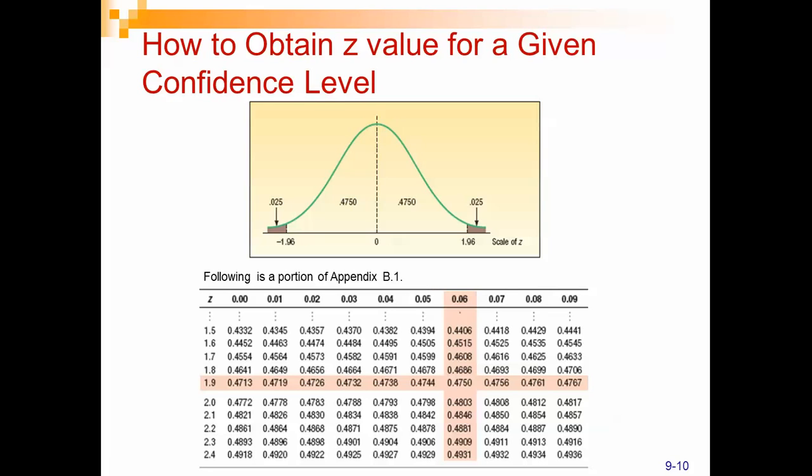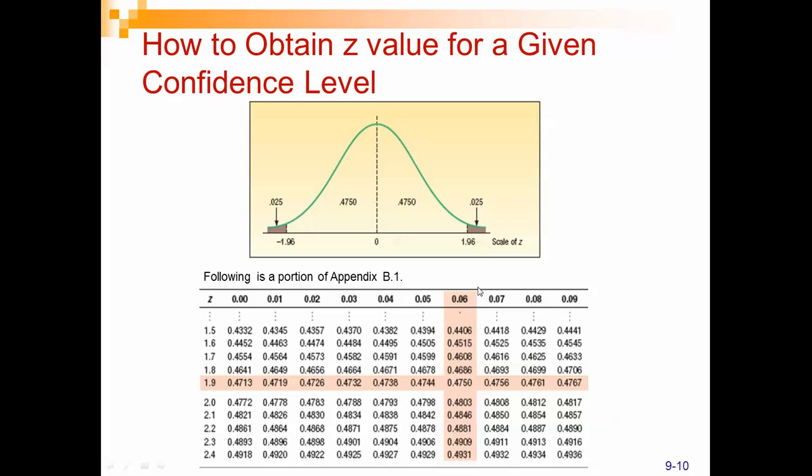Therefore, the remaining 5% are equally divided between the two tails. So 5% is the equivalent of 0.025 or 2.5% plus 0.025 or 2.5% here.